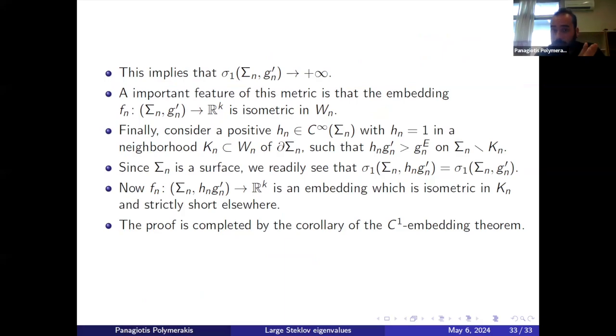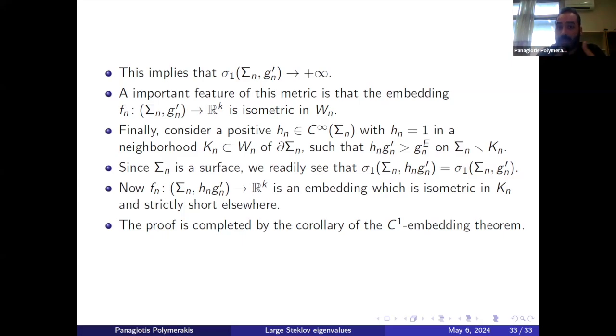It's very important for us that with respect to these metrics, the embedding Fn is actually isometric in a neighborhood of the boundary. So we're very close to applying our corollary. However, it's not strictly short elsewhere. That is very easily fixable.